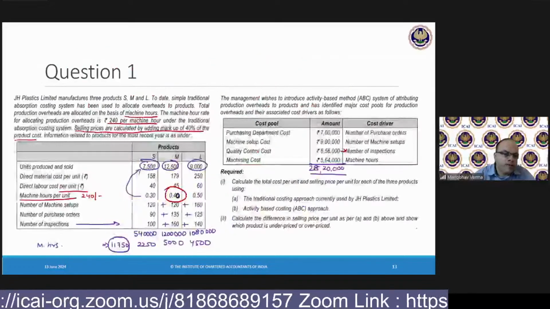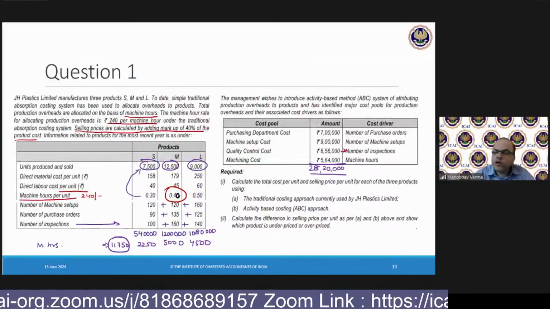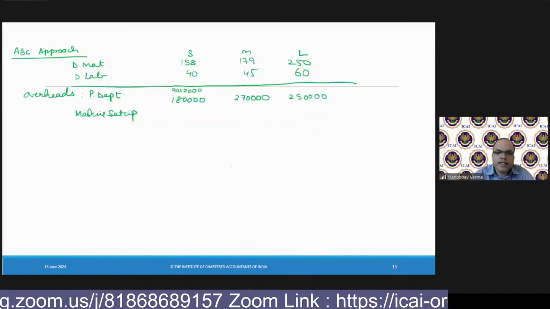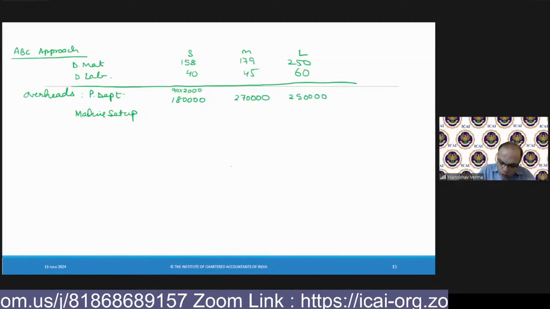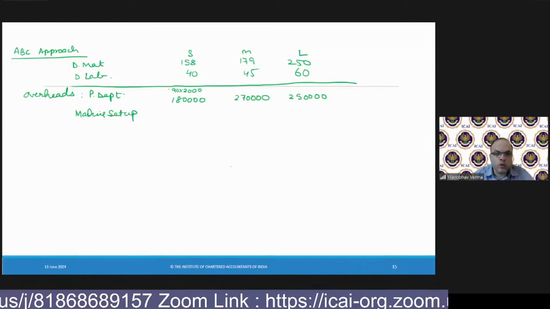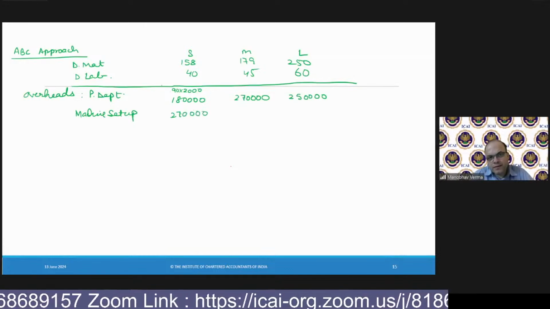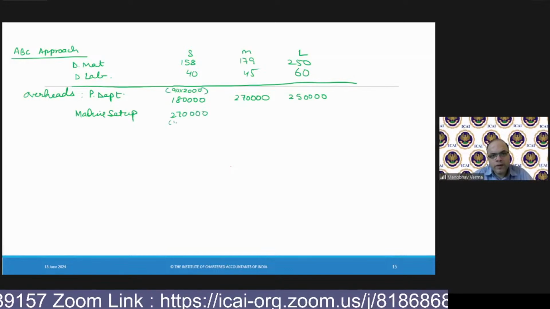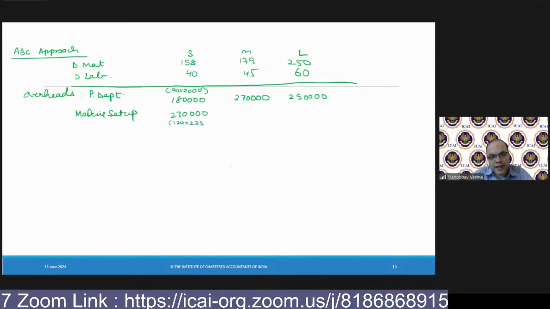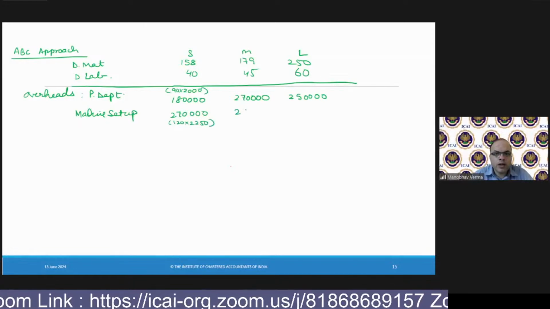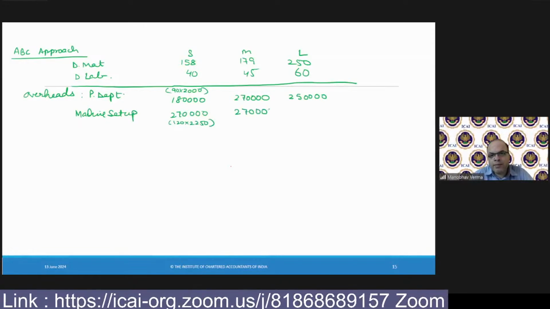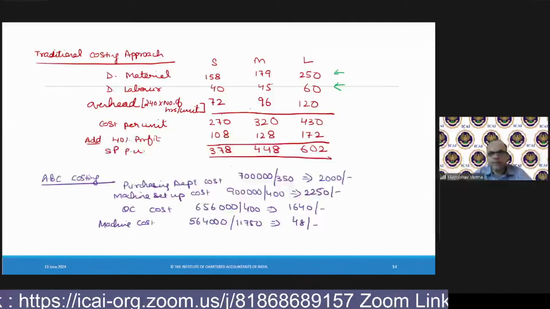So how many setups do we have for S? 120. So S and M have 120 setups. 120 into 2,250, I'm getting 270 here. Same for product M, because there is the same number of setups.